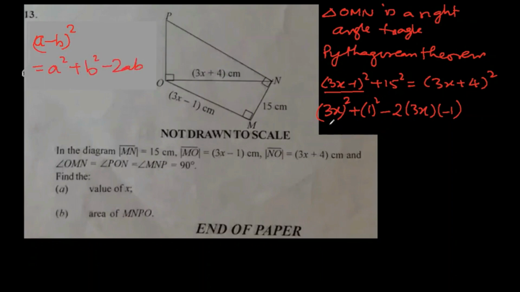And this is what I used here. Now 15 square is the next thing, which is 225. Will be equal to, we'll use the same identity but with a plus. So if this becomes a plus b whole square, will be a square plus b square plus 2ab. So 3x square plus 4 square plus 2 times 3x times 4.